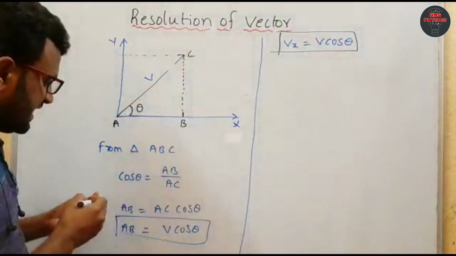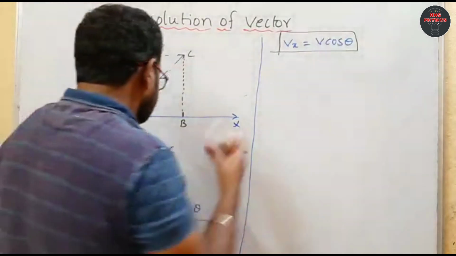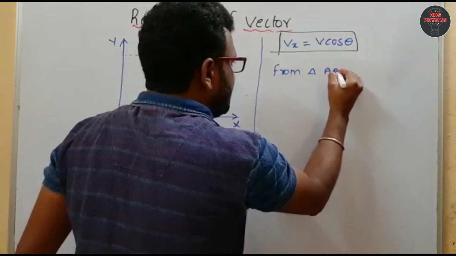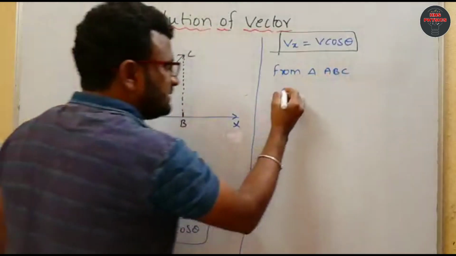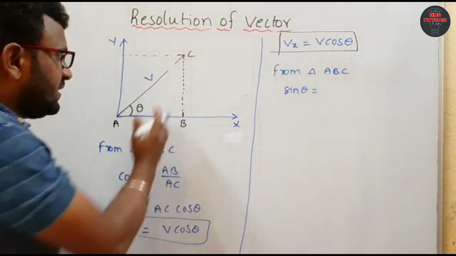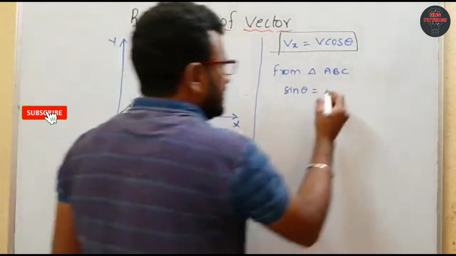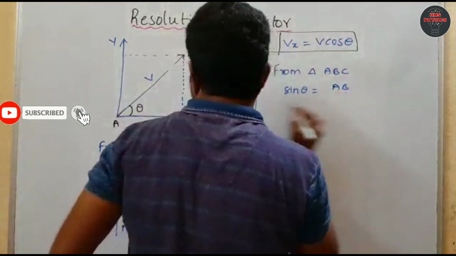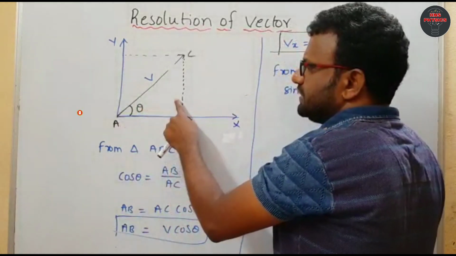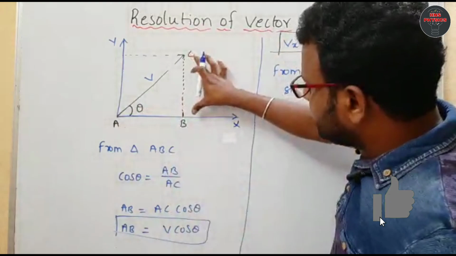Again, if you use the same triangle ABC, this time I am going to take sin theta. So sin theta is equal to, what are the ratios? Opposite side by hypotenuse. What is the opposite side here? For this angle, the opposite side is BC.